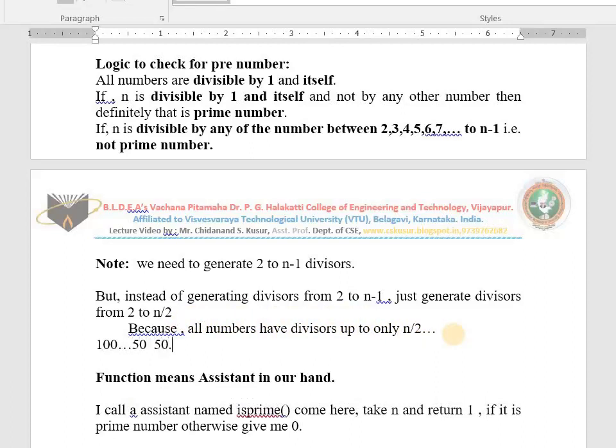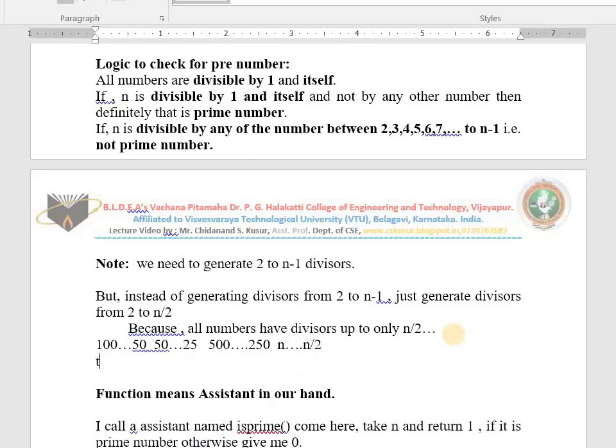For 50 we get divisors up to 25 only. For 500 we get divisors up to 250 only. Like that, for n we get divisors up to n by 2 only. That's why we generate the divisors from 2 to n by 2 instead of n minus 1.